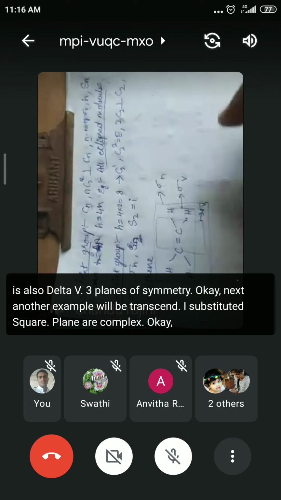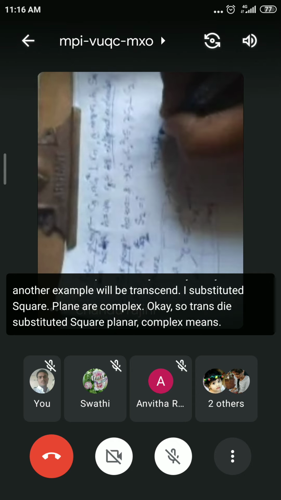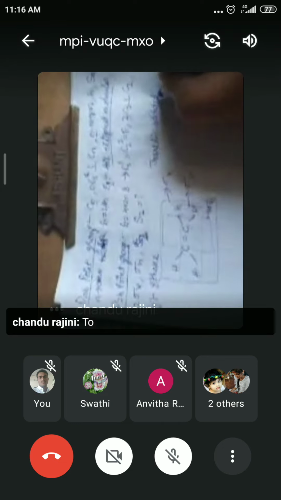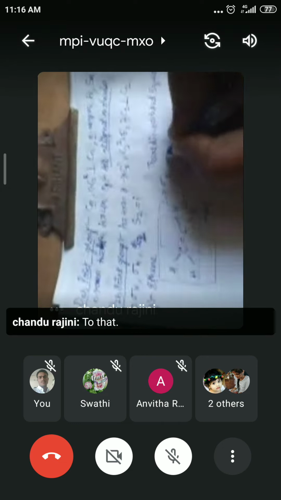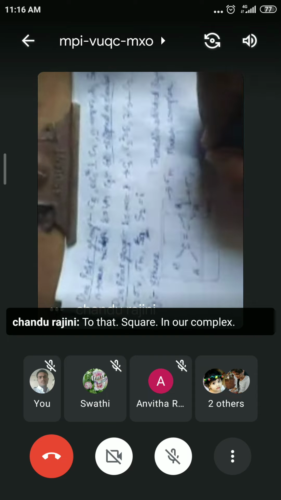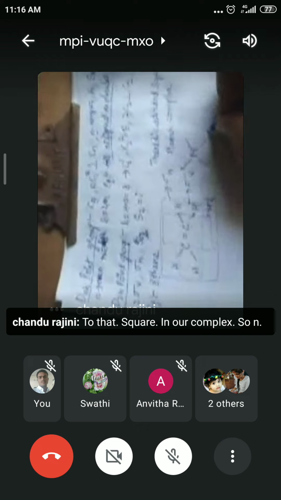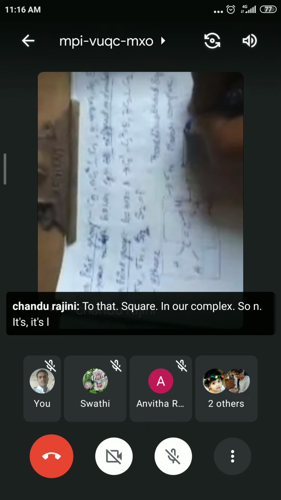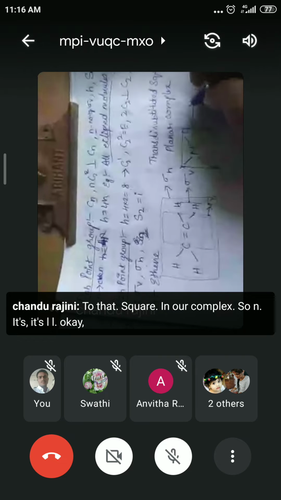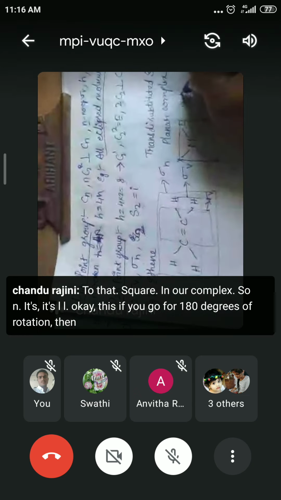So trans disubstituted square planar complex means X X L L. If you go for 180 degrees of rotation, then it will be C2.